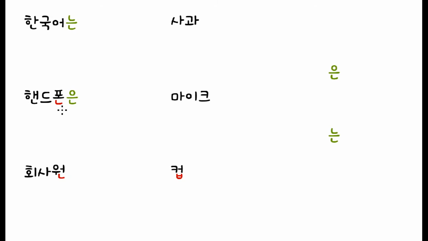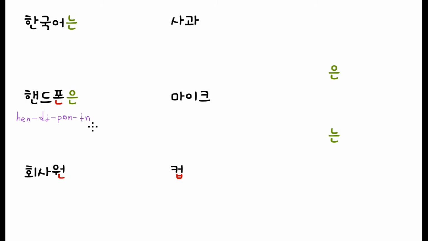Hand, then t, and then p sound, o sound, n sound. Handphone, the round shape comes first, doesn't have a sound, and then n sound, 은.